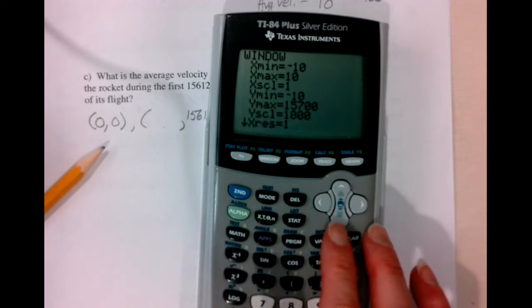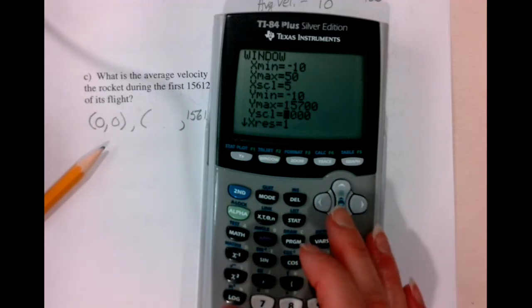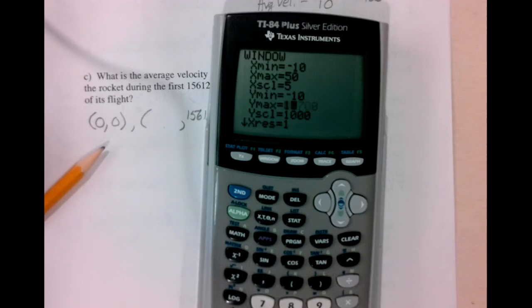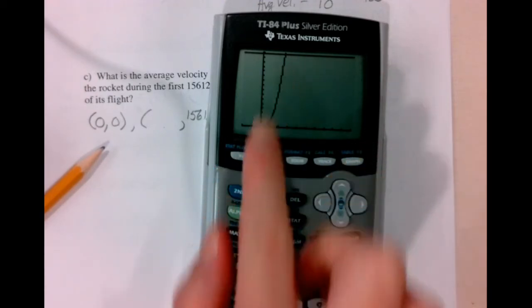So I'm going to say x maximum. Let's make a jump to 50 and go by 5s. And then I'm going to go down here and I'm going to say 16,000, just so it's not so close to the top. So there's a cubic. And there's my line. And it's right up at the top.